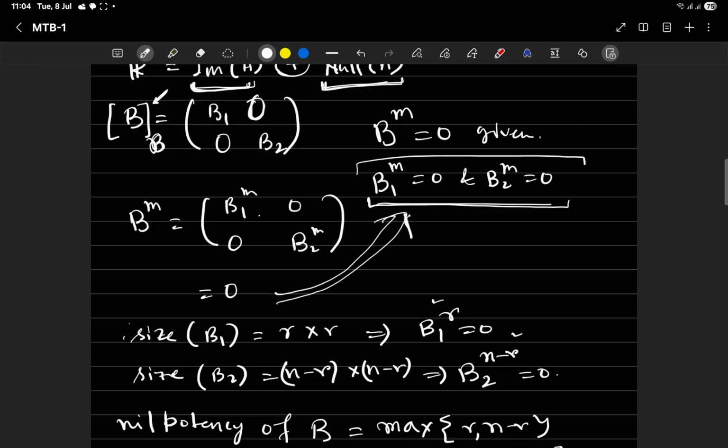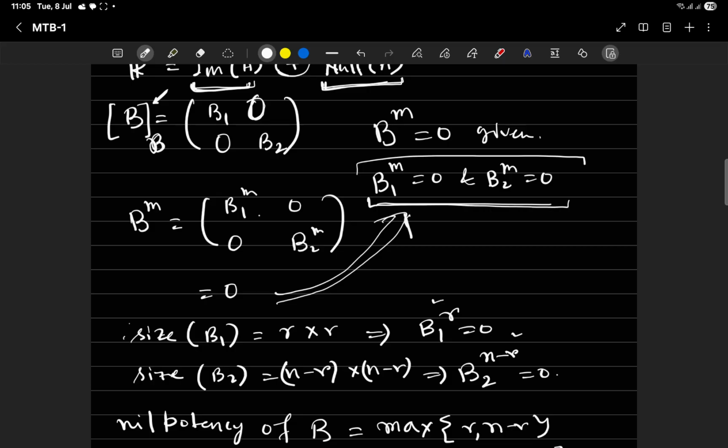That's why B1 to the power r must be 0, because there are no other zeros. And by the Cayley-Hamilton theorem, a matrix satisfies its characteristic polynomial. The roots of the characteristic polynomial are the characteristic values, and they are all 0. So yes, that's it.